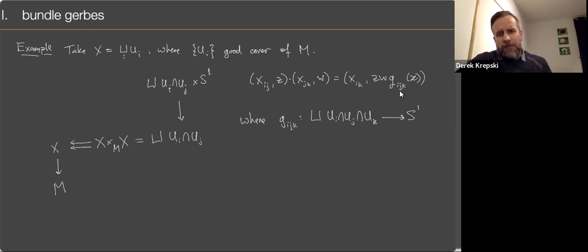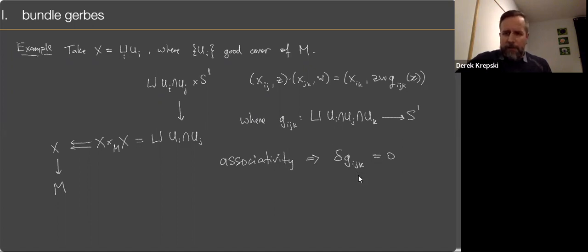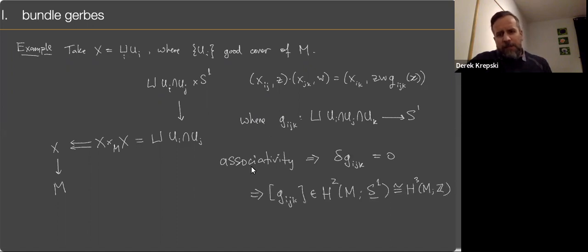So of course, you can't just choose Gij to be anything. This needs to be a Lie groupoid multiplication, and it turns out that the associativity of the multiplication forces these Gijks, in fact, to define a cocycle with values in S1, a 2 cocycle, and so you get, in fact, that these Gijks represent a degree 2 cohomology class with values in S1, which is, of course, naturally isomorphic to the degree 3 cohomology of M with integer coefficients.